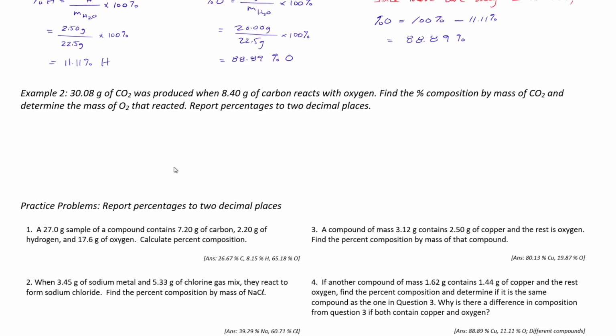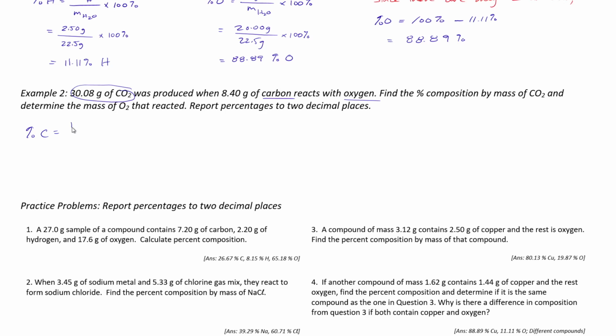This one is very similar to the previous question in that we have two elements. We have carbon and we have oxygen. It is different because we are given the mass of carbon dioxide, and just the mass of carbon. So we'll first start with the percentage of carbon.